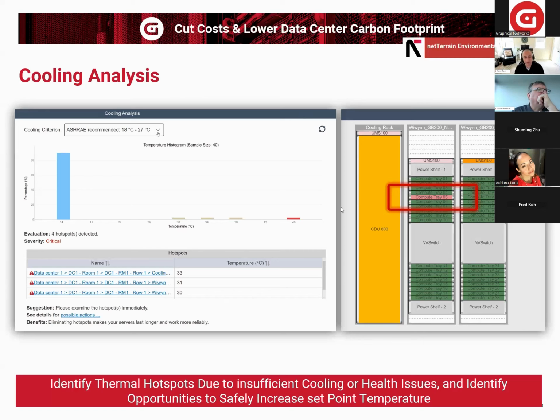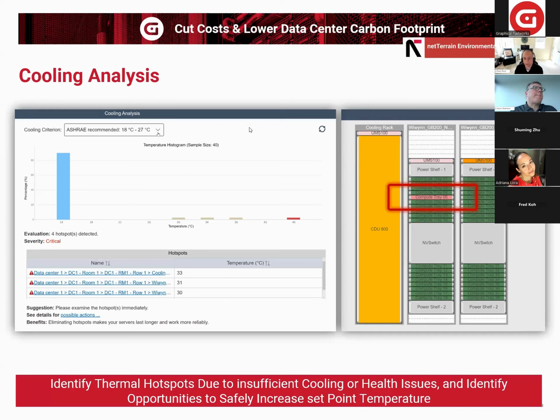And then this cooling analysis also has a good side effect of being able to identify hotspots, like that device or those few devices on the right there that are running hotter than anything else. In this case, if you correlate that to this front view of the racks, you can identify that even though this particular rack is being cooled by this cooling unit, it's running hotter than the rest.